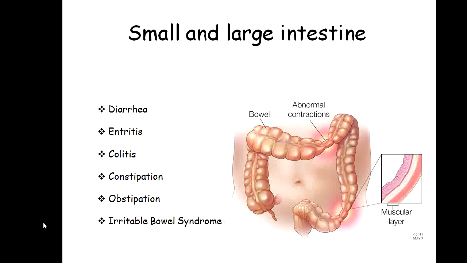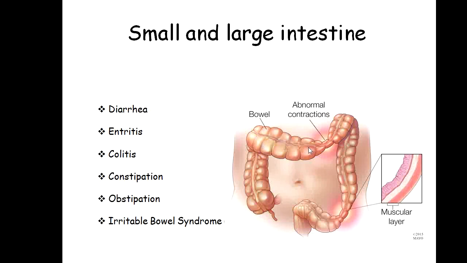This abnormal contraction, in the diagram you can see, this is the large intestine. In the large intestine, in this area and this area, the spasm of the large intestine takes place, and this spasm leads to some obstruction type.